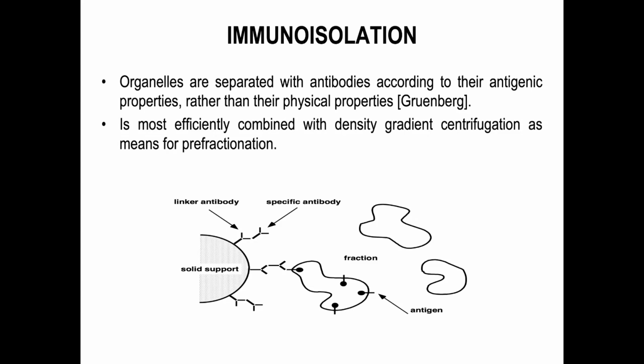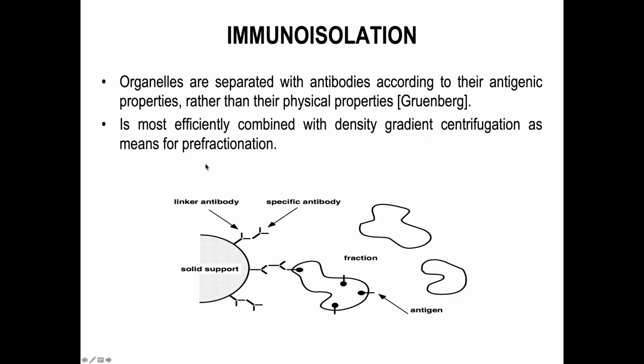Therefore, in the lecture and also in the first video that I've shown you, most of the emphasis was put on how you disrupt your cells to gently release the organelles that you can then purify with this combination of technologies that I'm introducing to you today.